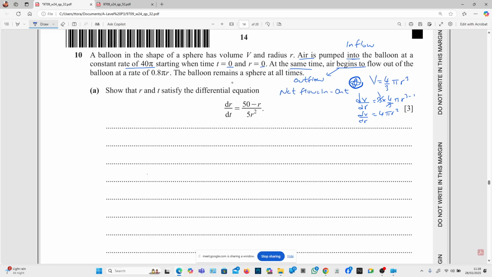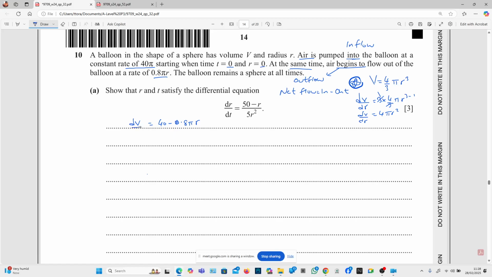So basically what I'm saying is the inflow here is 40 pi. So I get 40 pi minus the outflow, which is 0.8 pi r. Now all of that is referring to the net flow. That is the change in volume, because the volume of air is getting in and out.